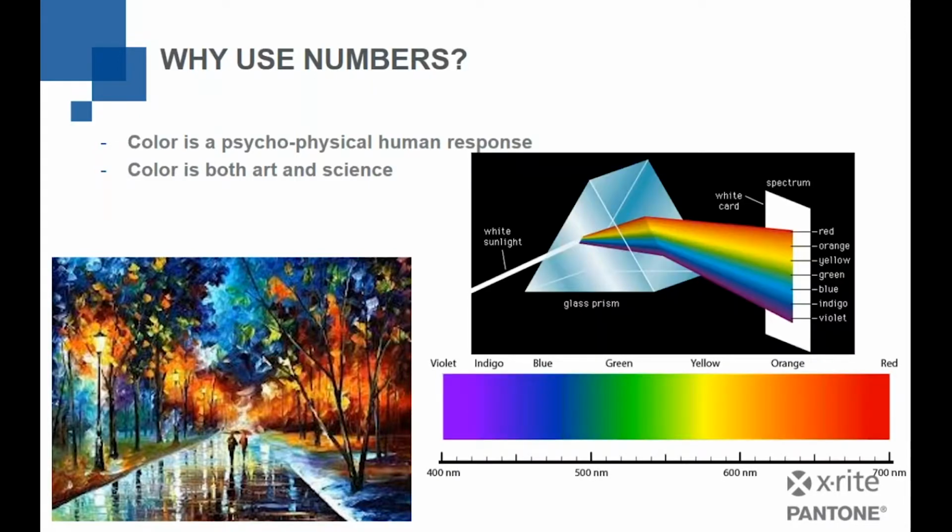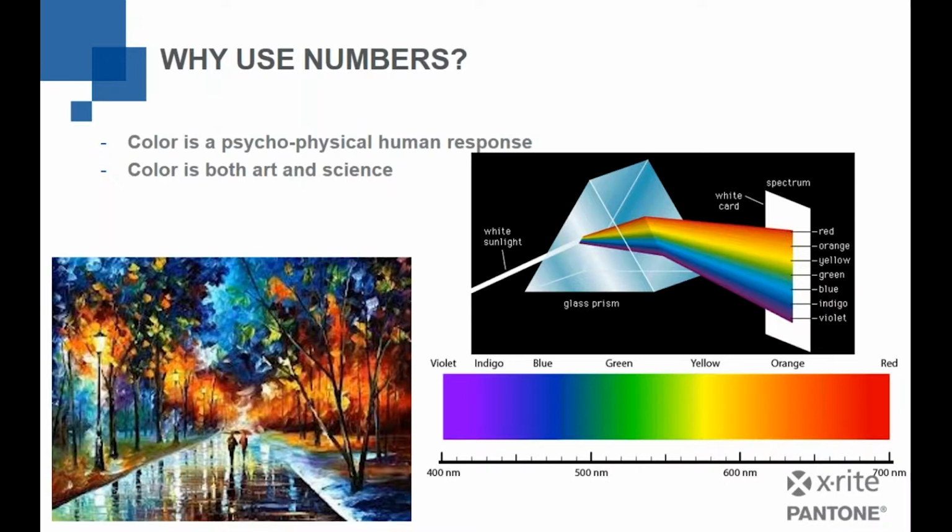But it's also a science. We all probably did this experiment when you were in school, putting a light through a prism and you see all the colors come out. A rainbow acts as a prism and does the same thing. But the colors that come out are essentially contained in the light. Light really is color.